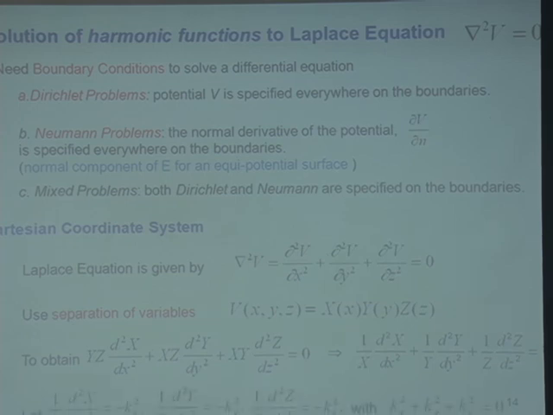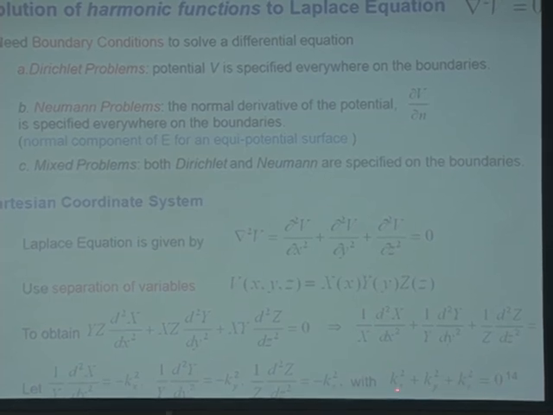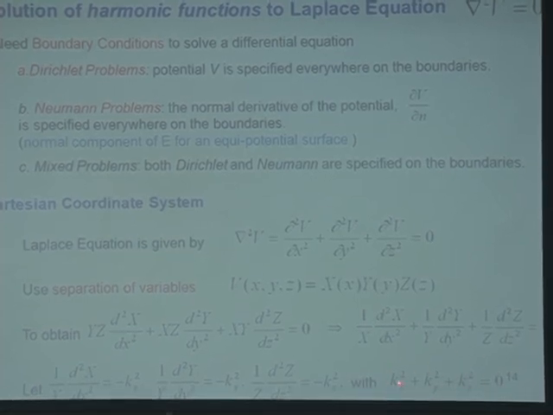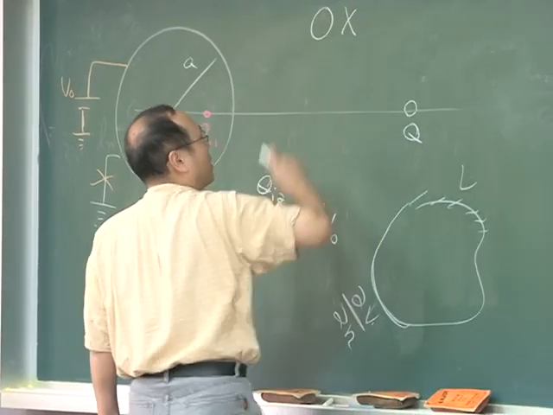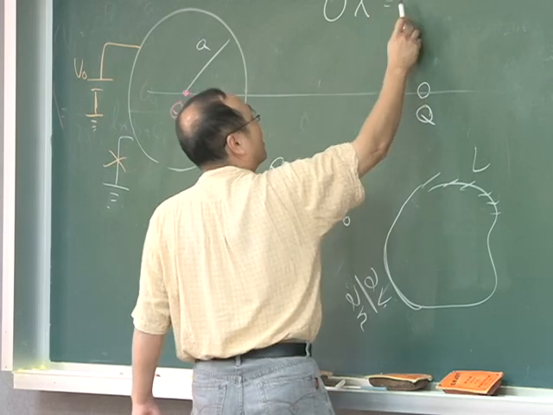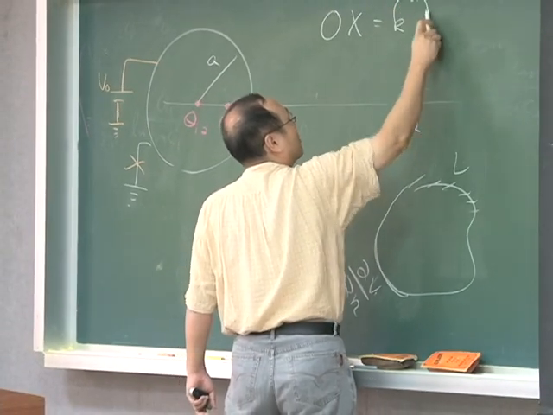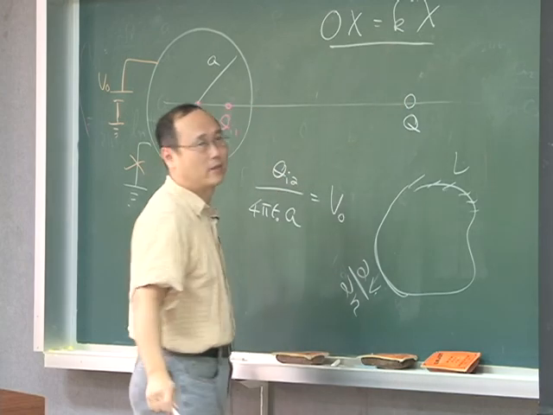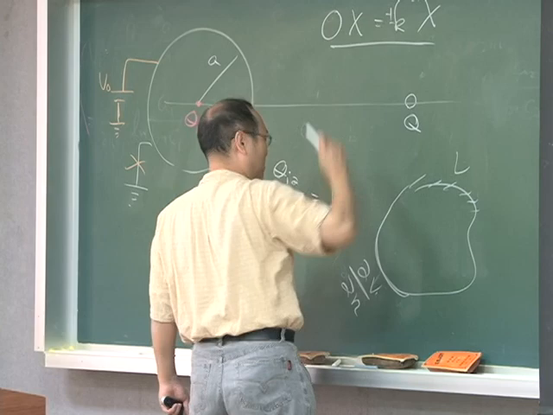Okay, so you end up having three equations with their eigenvalues, the sum of these three eigenvalues equal to 0. Basically, it's some sort of operator operating on x, and then you have some eigenvalue, this kind of problem. Okay, and this could be positive, negative.